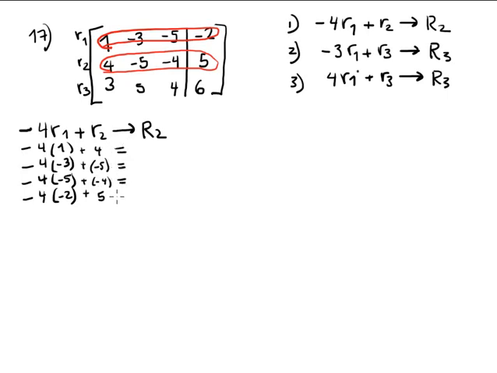And the answer is: negative 4 plus 4 is 0. 12 minus 5 is 7. 20 minus 4 is 16. And 8 plus 5 is 13. And this new number you store in the new row 2, so you write the new matrix.